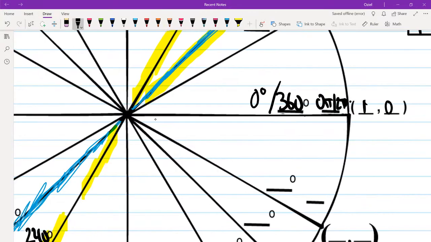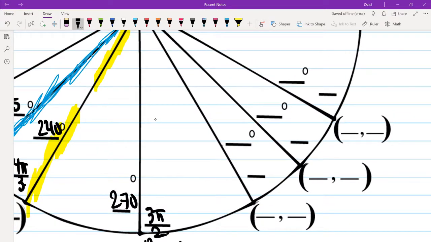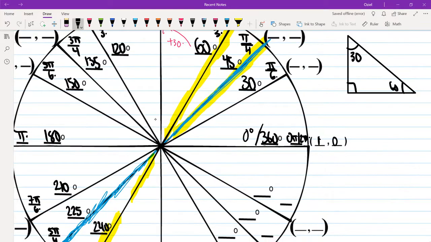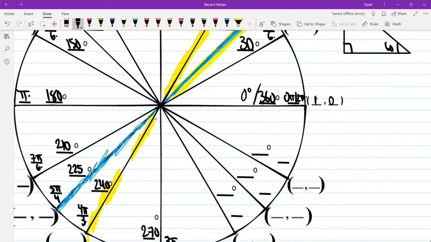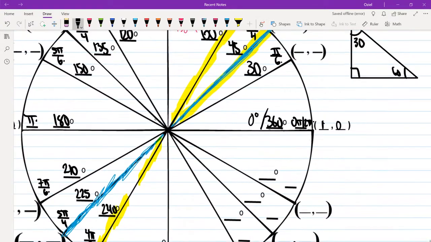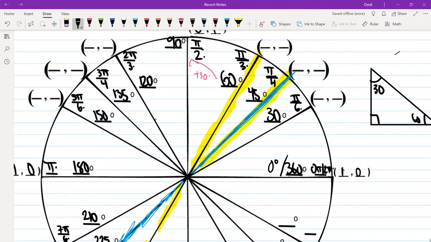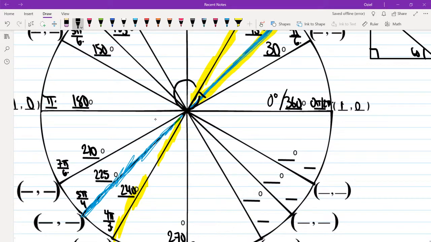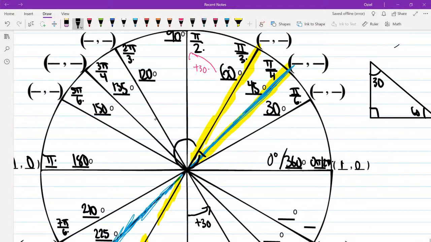And then once you're done with that, you would ask yourself, to get from here to here, you know that it goes like this. You would add 30 because you added 30 to get from here to here.